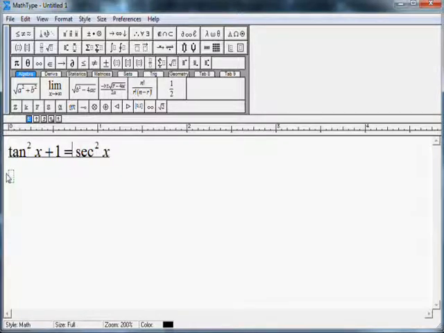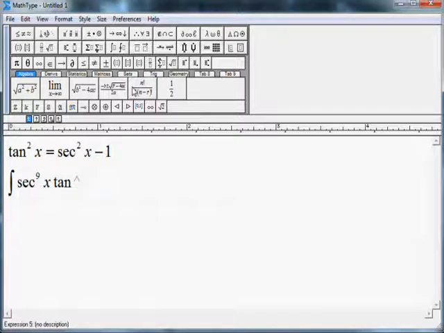And actually, in our next problem, we're just going to move this 1 over to the right hand side. So let's do our next problem using this formula, and it's going to be the integral of secant to the 9th x tangent to the 5th x dx.